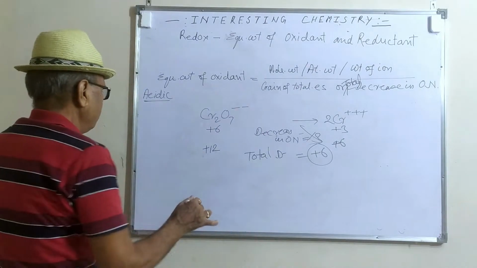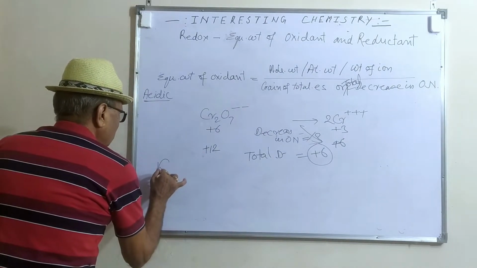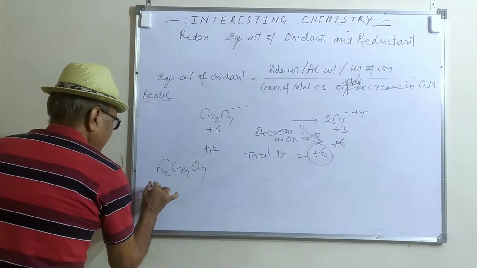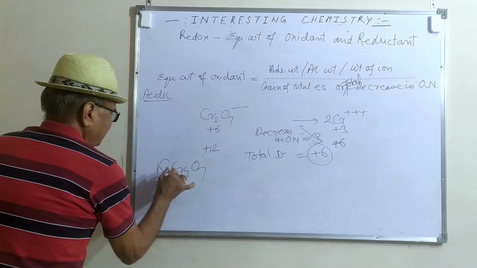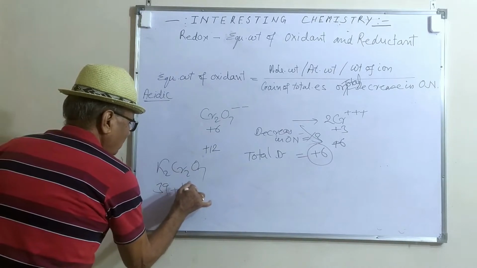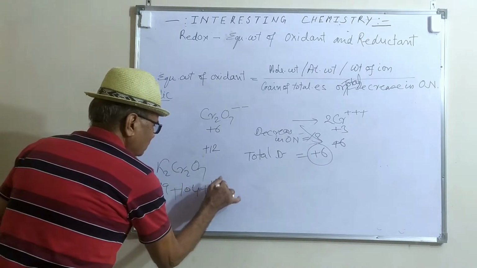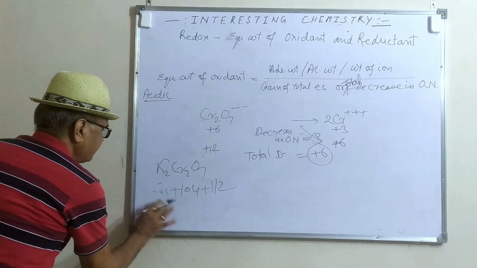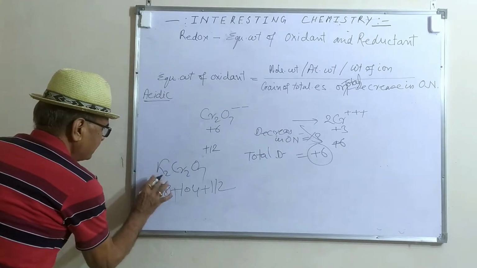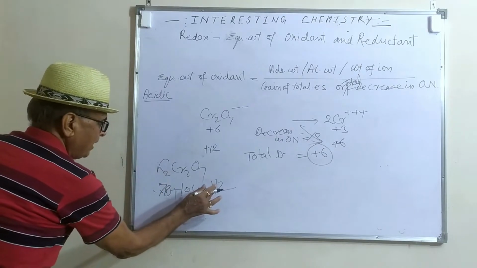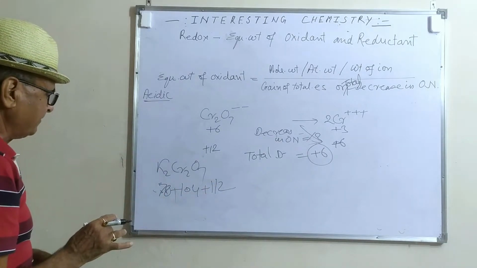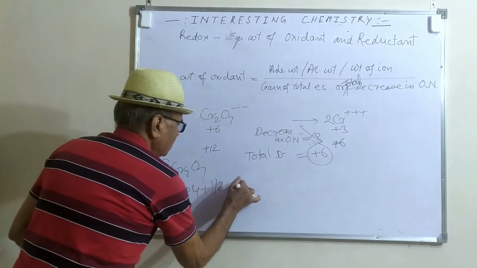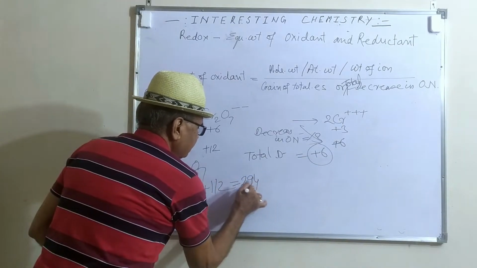Now calculate the molecular weight of K2Cr2O7. K2 is 78, Cr2 is 104 plus... 78 plus 112 is 190, and 190 plus 104 is 294.